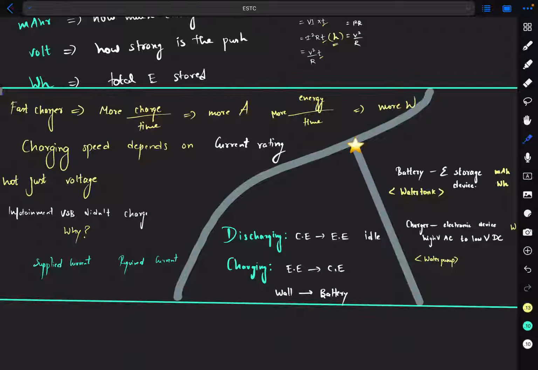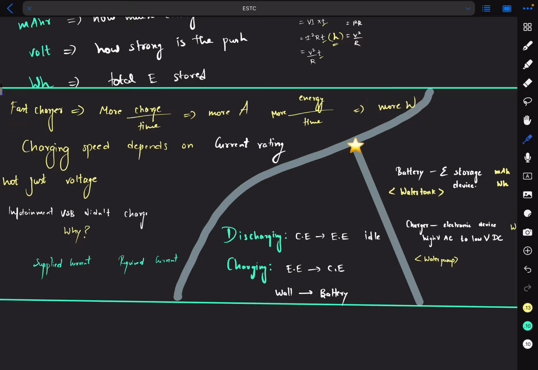You understand? Now, charging speed depends on the current rating as well, not just on voltage. Many chargers are 15 watt. In many chargers, you might have seen 45 watts, 90 watts, 120 watts. As the wattage increases, the charging rate of the charger increases.